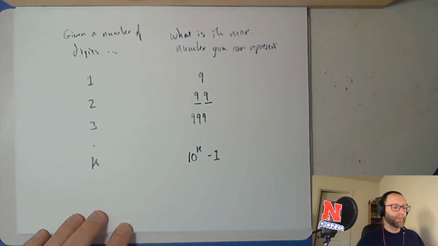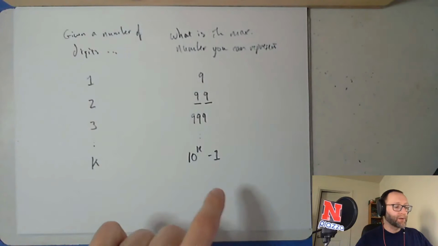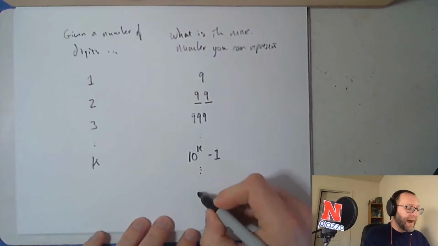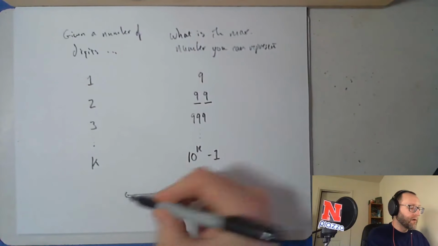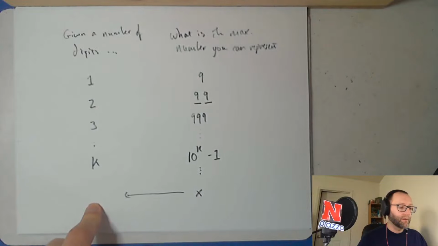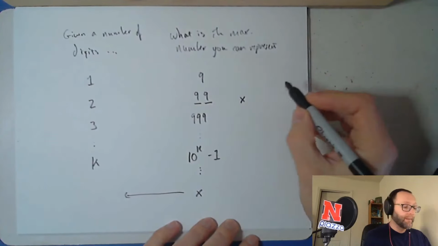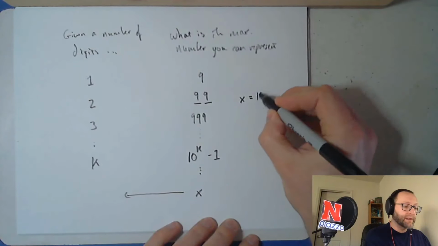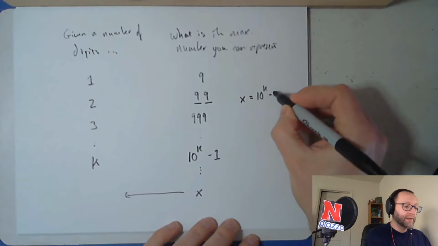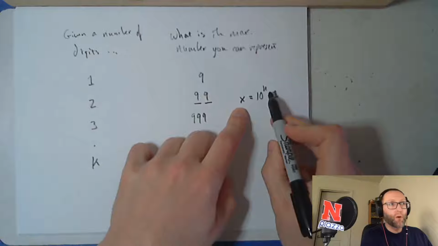Okay? Now, this was not the original question. The original question was how many digits does it take to represent a number? In other words, it's working backwards. If I gave you x, then I want the number of digits over here. Right? So this is just mathematics at this point. This is just algebra. If I've got x, the maximum number that I can represent with that is 10 to the k minus 1. And if I've got x, I want to solve for k.